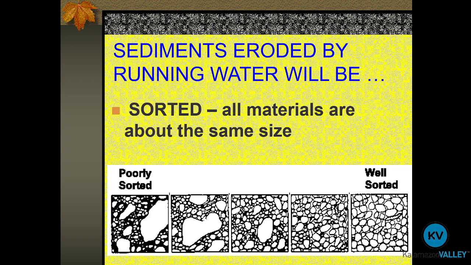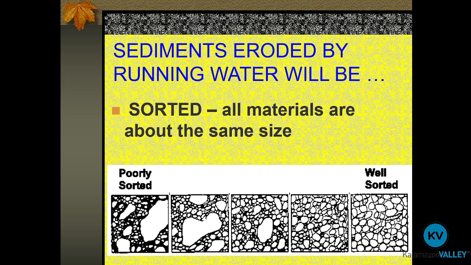gravels that it may have previously been carrying around the straight portion, it now does not have the same energy level to carry, so it will continue to carry the silts and clays, but it'll drop out the sands and gravels, so we would have a sediment at that point bar that is fairly well sorted because we've removed the larger sediments, leaving those at the point bar while the smaller ones continue to be carried away.